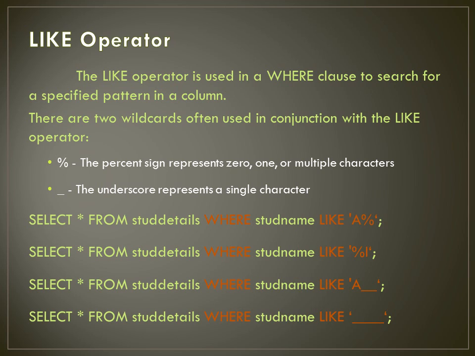That is, the first character is A, and other than A, it allows only two characters. Next, select star from student details where student name like, within single quotes, three underscores is given. So it will select all the student details whose name has a three character length.